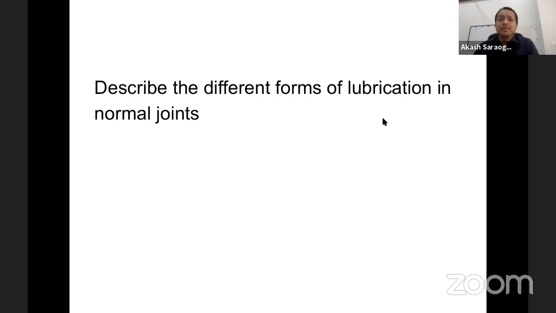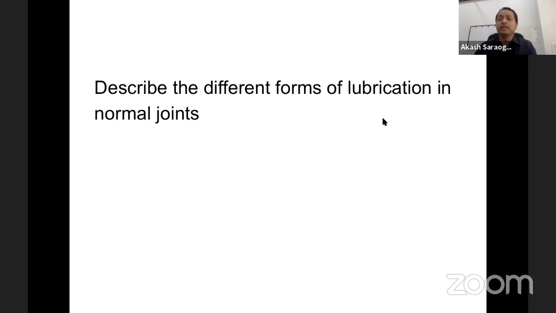The second type is boundary lubrication, which means that these two surfaces are very close to each other, very much together, and there is a single layer between the two. What is this layer made up of? Surfactant, something which we have in our lung. Similar to that, it has a very low coefficient of friction, like lubricin.